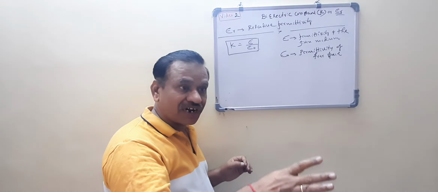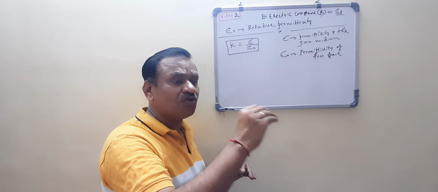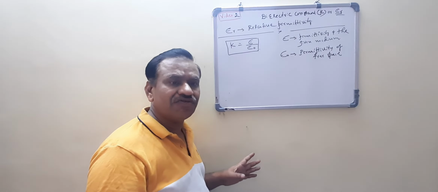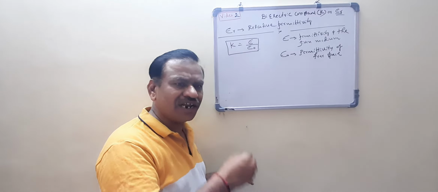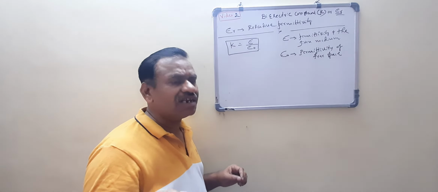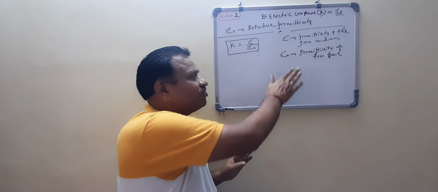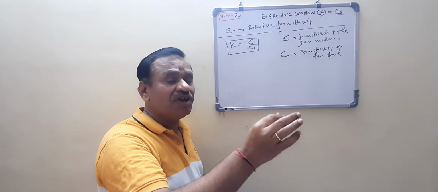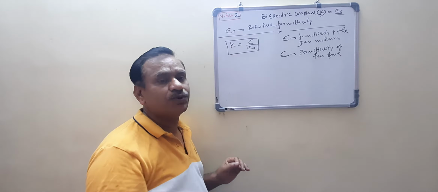In air it is different. The same charge I will place in water. The number of lines of force entering is also different. If I place the same charge in any wax, the number of lines of force entering is also different. The term permittivity means it permits how many lines of force.